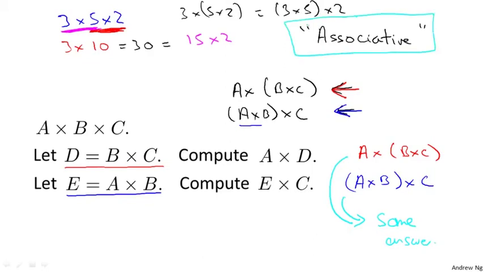Okay? And don't worry about the terminology associative and commutative. That's what it's called, but I'm not really going to use this terminology later in this class, so don't worry about memorizing those terms. Finally, I want to tell you about the identity matrix, which is a special matrix. Let's again make the analogy to what we know of real numbers. When dealing with real numbers or scalar numbers, the number 1 is the identity of multiplication.